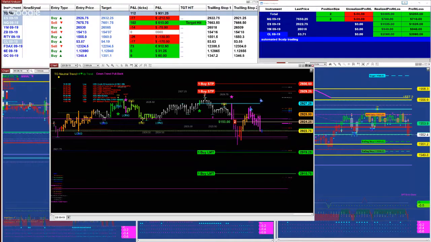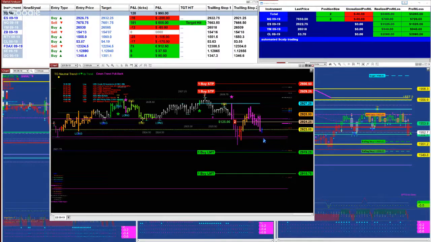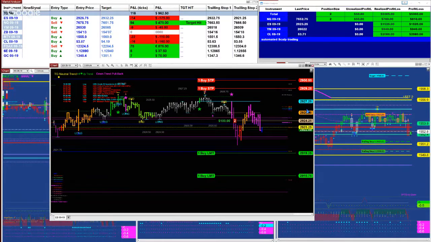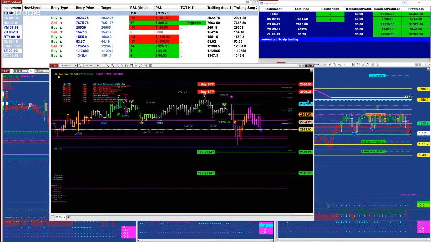Now we know we're coming here to the double support line and another double support line, but it's also calculating when the system thinks it says to you take a profit, and I don't know if you can see that.